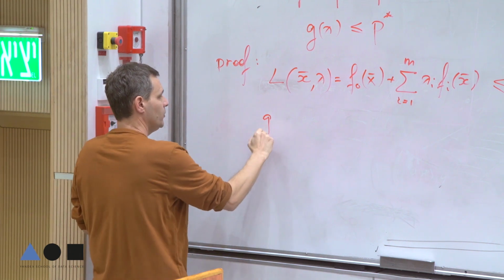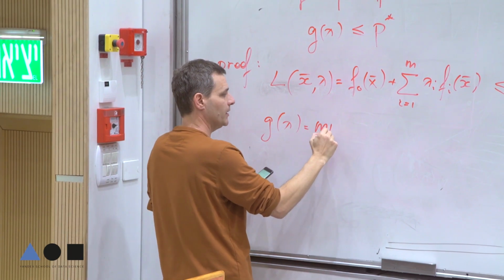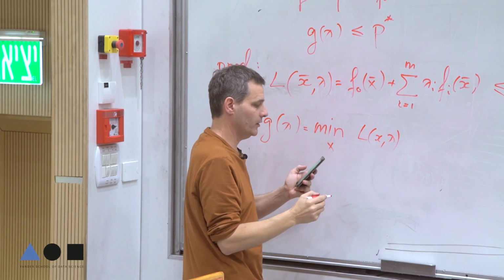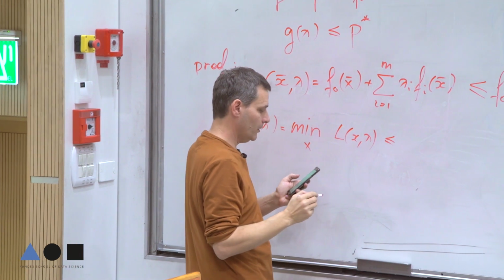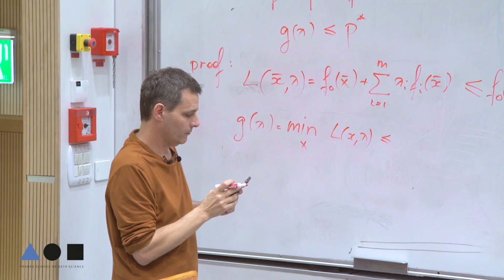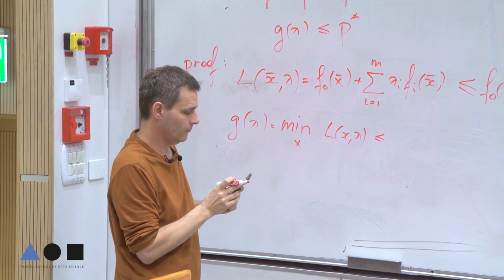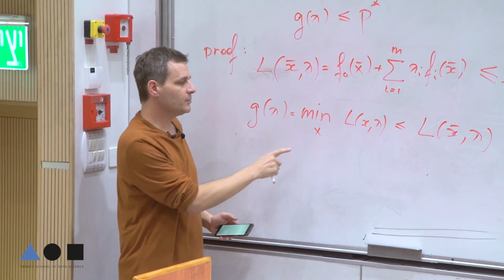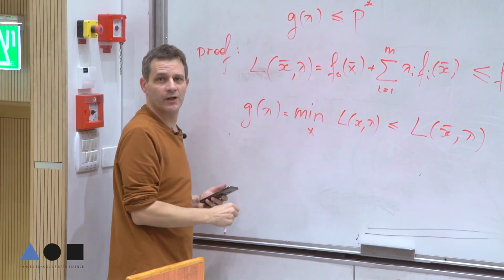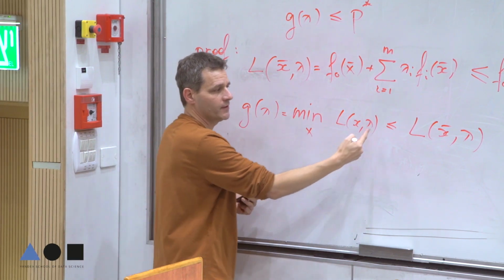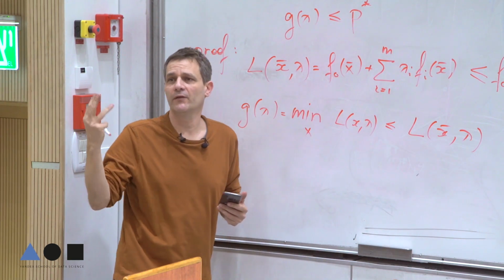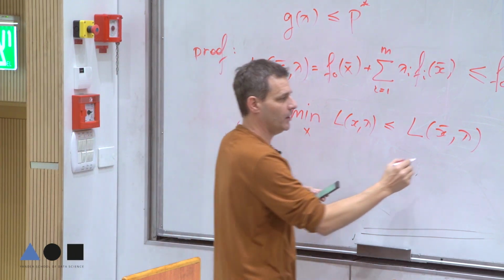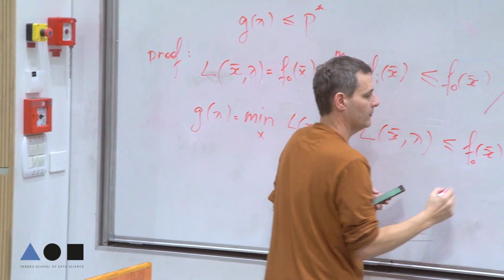So now g of lambda is the minimization over x of L of x, lambda by definition. So this is smaller or equal than L of x bar, lambda. And this is because here you try to minimize the Lagrangian. So the minimizer of the Lagrangian, of course, is equal or smaller than just this arbitrary x bar that you've chosen. That's the minimum. And of course, we saw this is smaller than this.